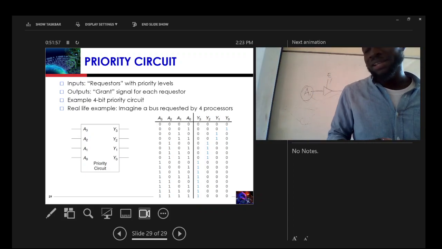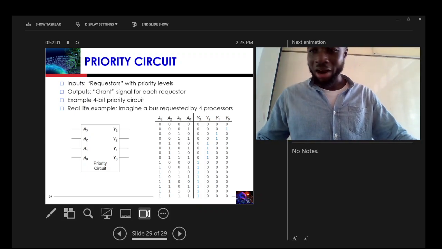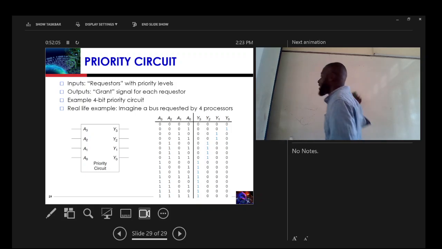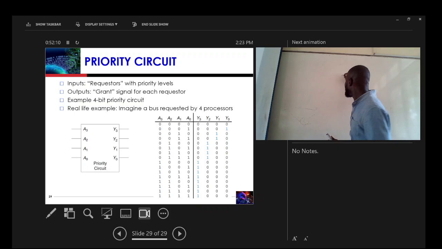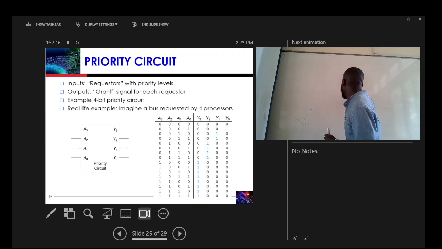So essentially, the priority circuit. How do I even explain it? Take the bus again, a real example. Take your bus within your CPU.